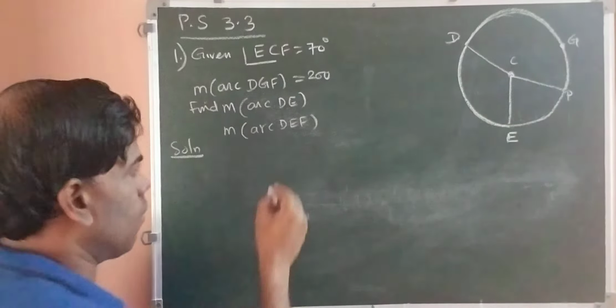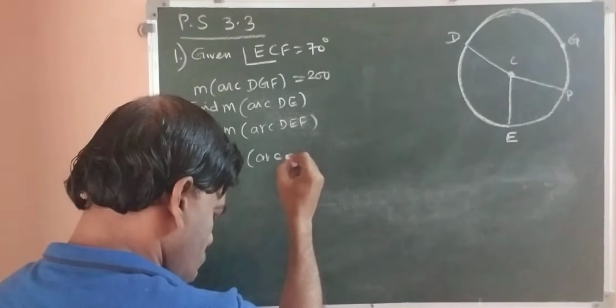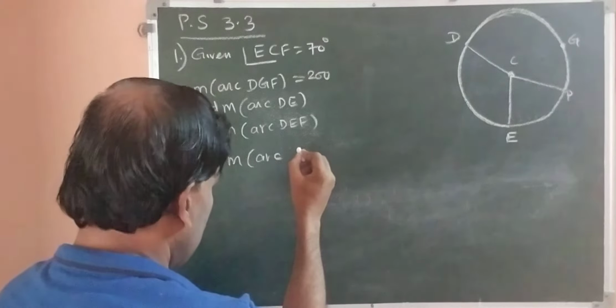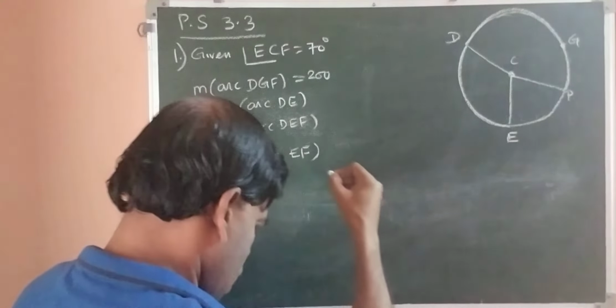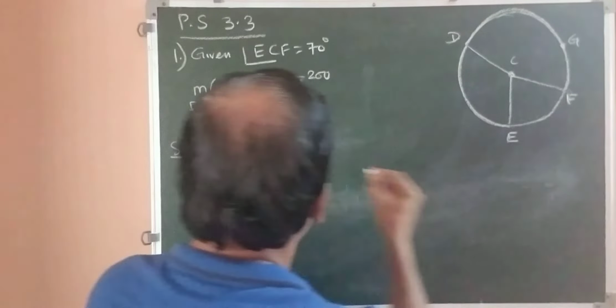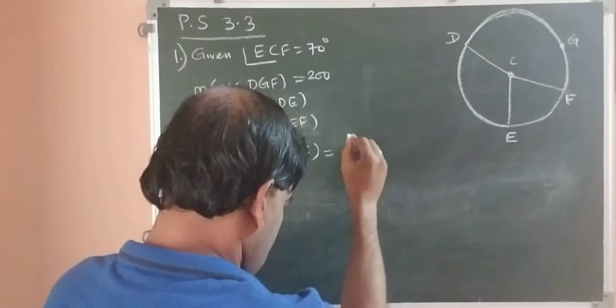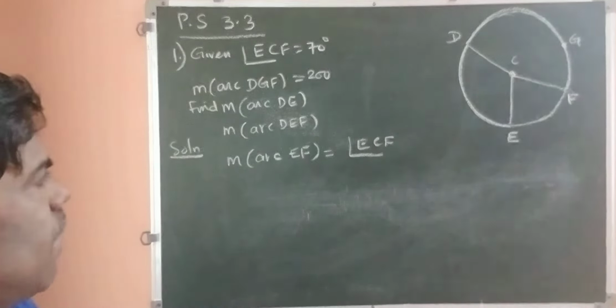Now listen very carefully. Measure of arc EF equals measure of angle ECF.